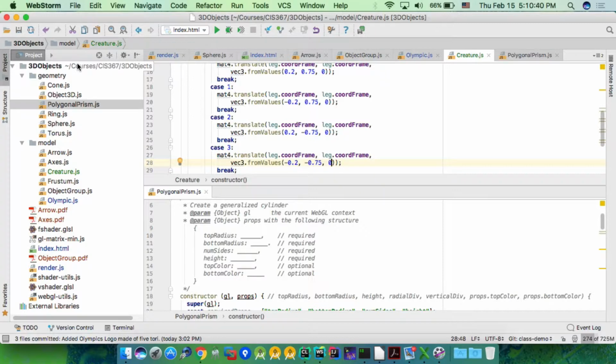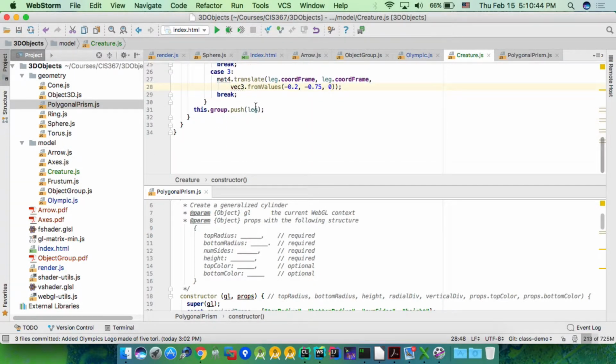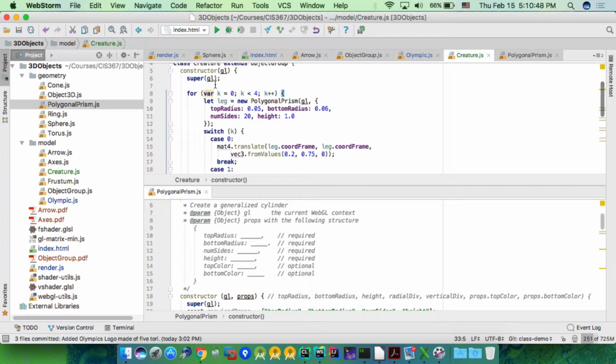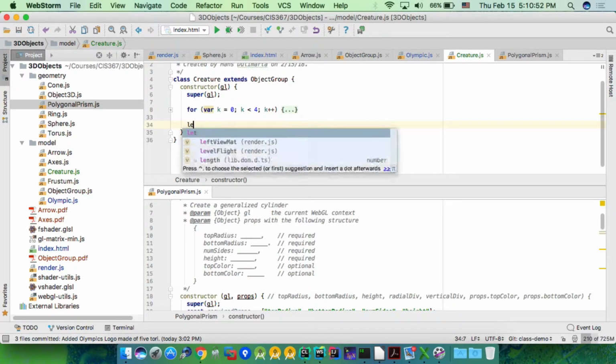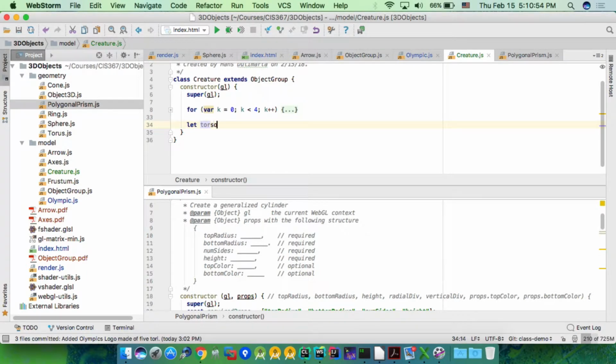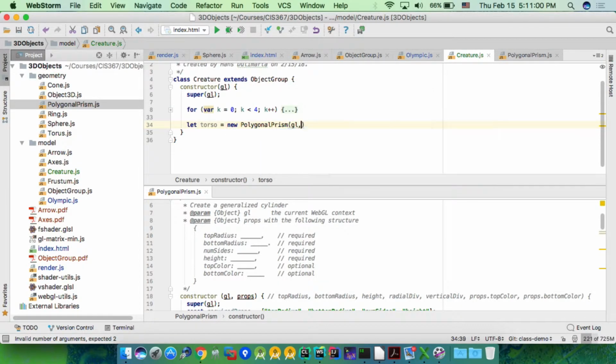So now let's build the torso. This is outside of the loop. So let torso equal new polygonal prism GL, and the required argument will be top radius.